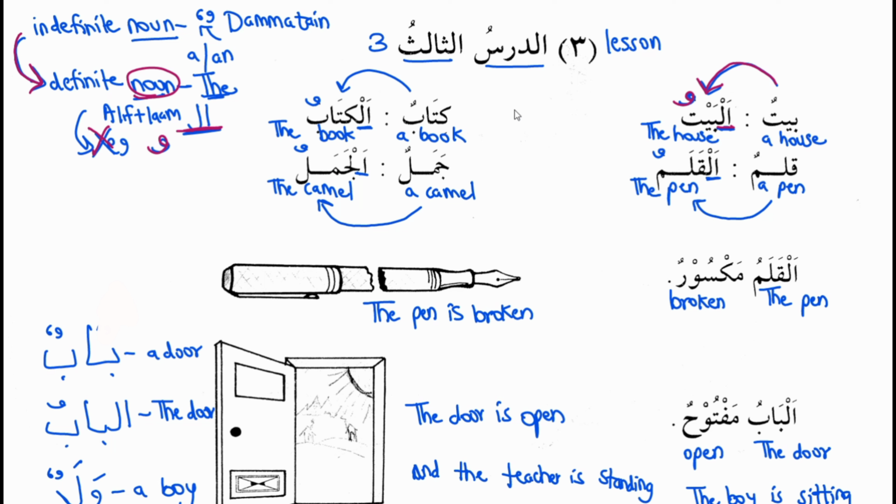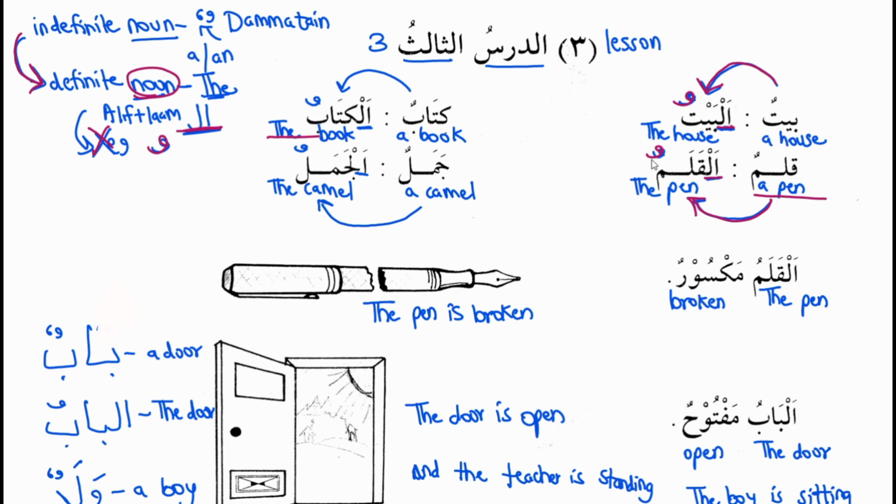Next is kitabun. Kitabun means a book. Al-kitabu means the book. After that, qalamun means a pen. We'll convert this to definite by adding alif lam and one dhamma on top at the end.